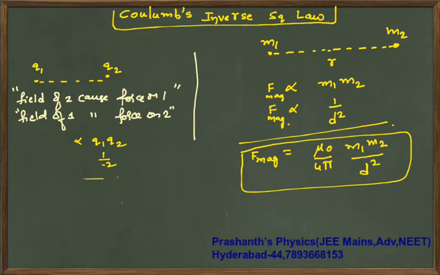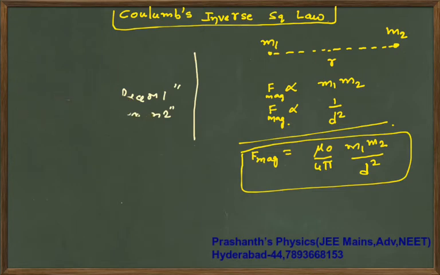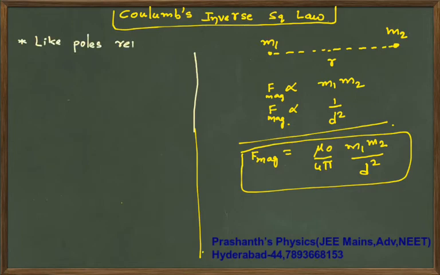To write some extra points, I'll be utilizing this space. Anyhow, you know that like poles repel, unlike poles attract. Your magnetic force is mu naught by 4 pi m1 m2 by r square.